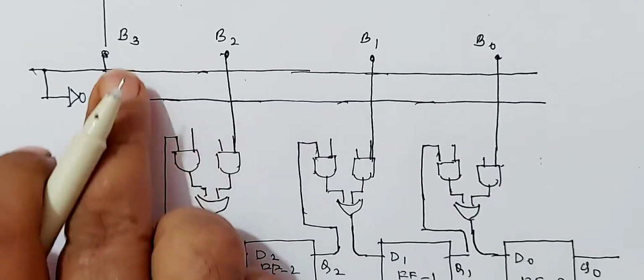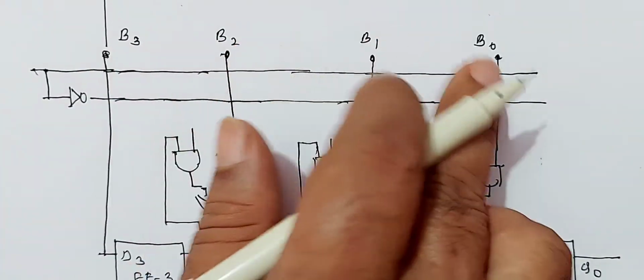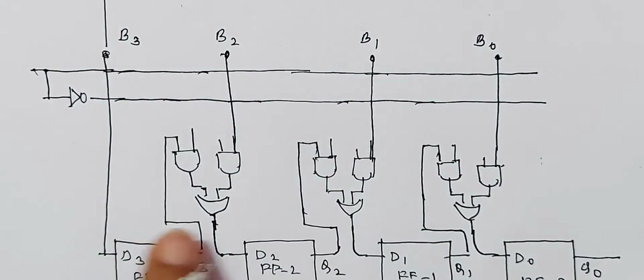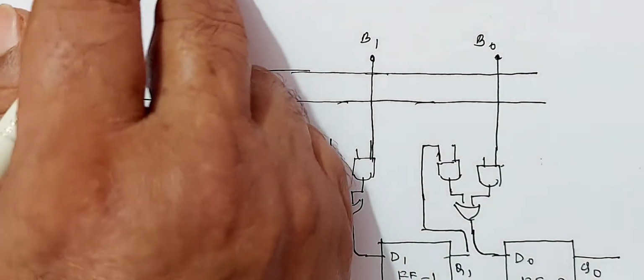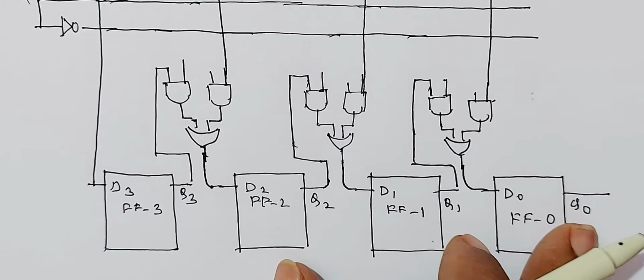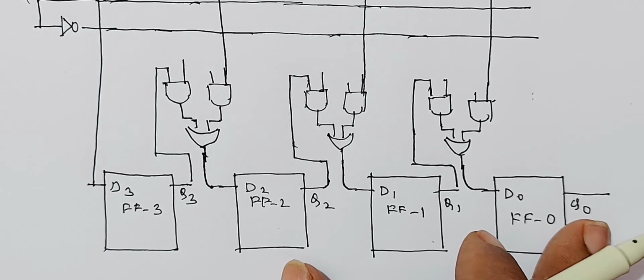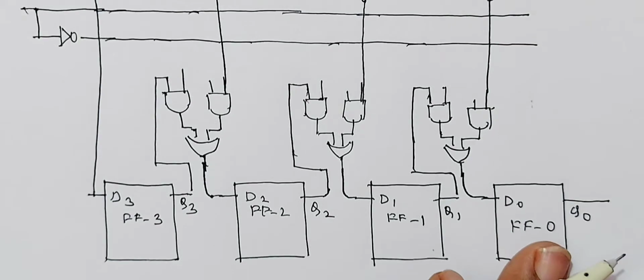That is 4-bit B0, B1, B2, B3. These 4 bits must be applied to all 4 flip-flops simultaneously. Therefore, it is parallel in. But the output from the flip-flop Q0 is the output of the last flip-flop. The output from the flip-flop, that is Q0, is taken bit by bit. Therefore, it is serial out.